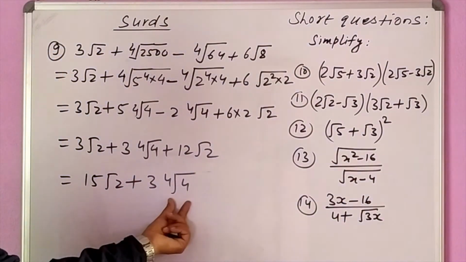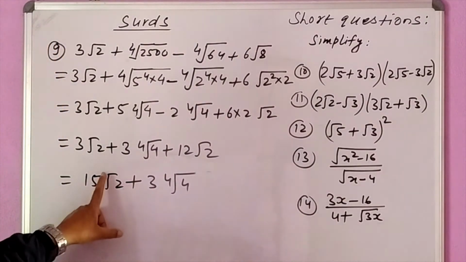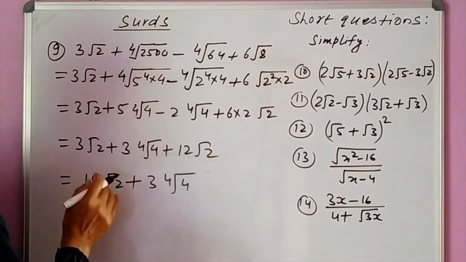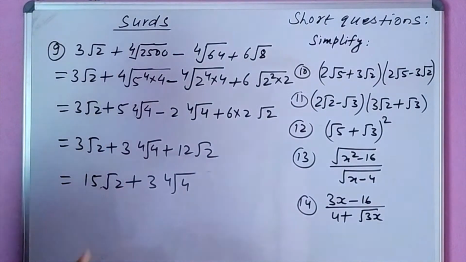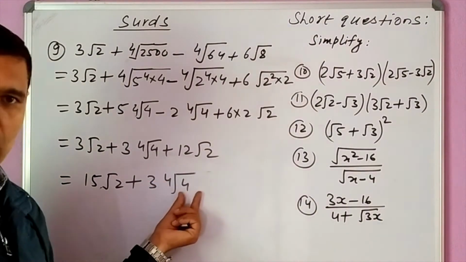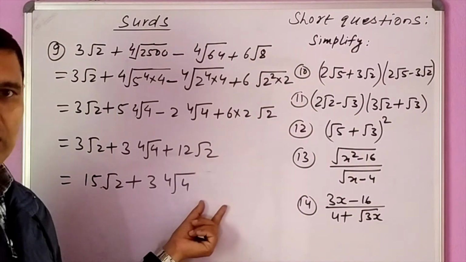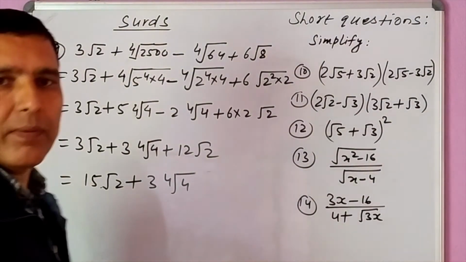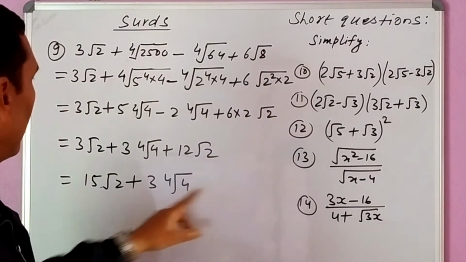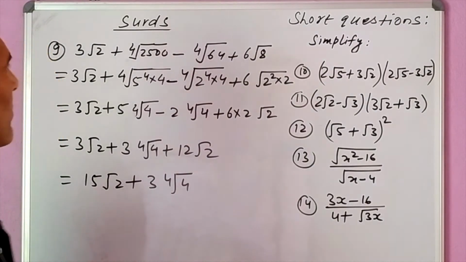Now this surd and this surd are alike in appearance but they are not the same, because the order of this surd is 2, if there is nothing written it is 2, and the radicand is 2, and in the second term the order is 4 and the radicand is also 4. So orders and radicands are both different here, so they cannot be added or subtracted. So further we cannot do anything in this condition, so this must be the answer.